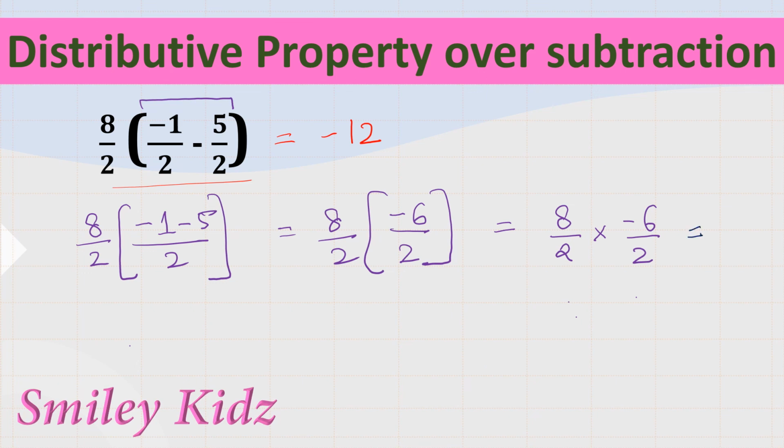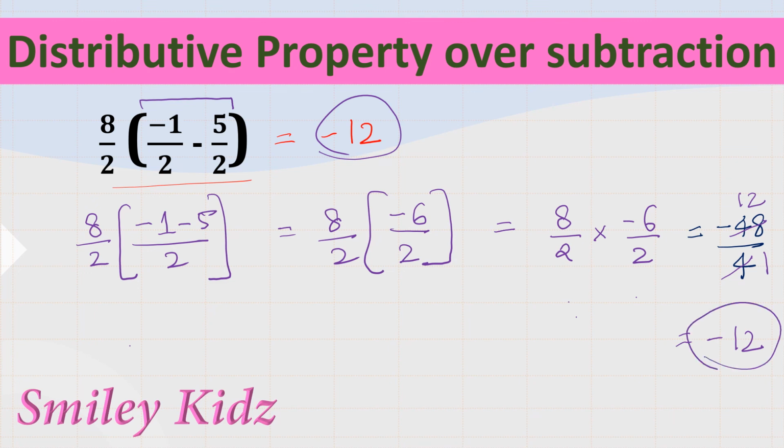When we multiply this, we get the answer as minus 48/4. Now we will simplify this. 4 times 12, which is equal to minus 12. If you have observed, we got the same answer. This is the distributive property over subtraction.